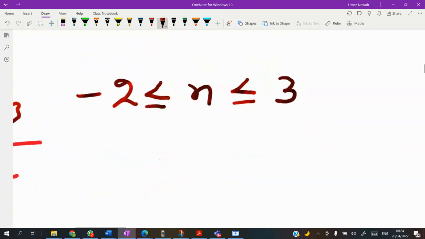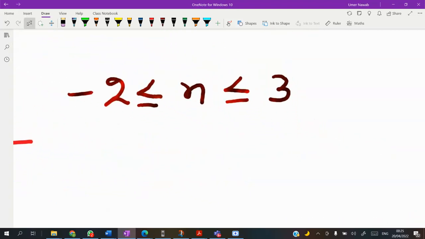Now all the integers between minus 2 and 3 inclusively, meaning minus 2 is included because we have an equal sign, and also here we have an equal sign. So try to write all the values from integers which satisfy this inequality.